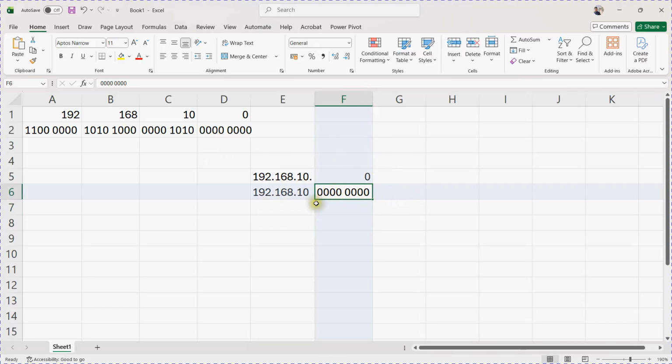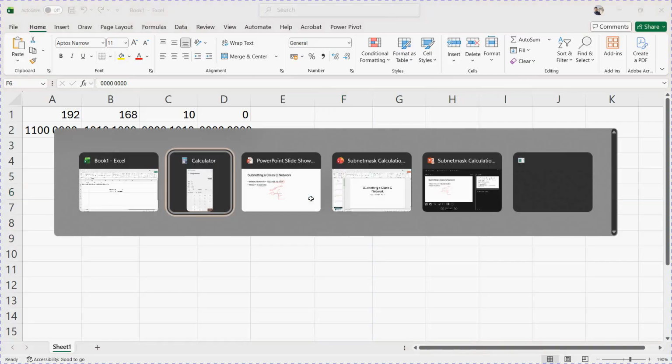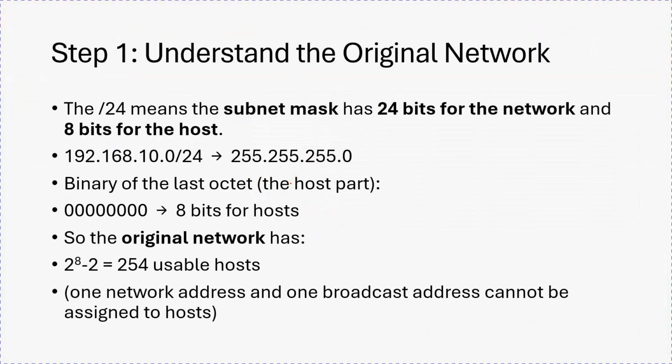So this IP is represented by binary digits. We cannot remember binary digits as humans, so that's why we convert them into decimal numbers.